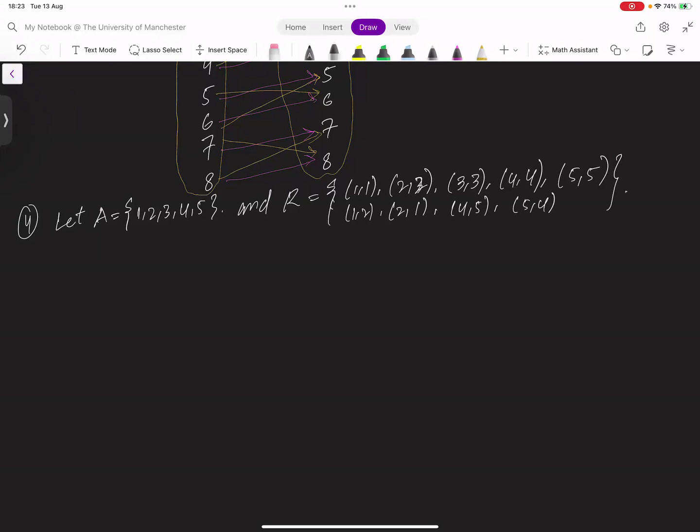We need to show that R is an equivalence relation.